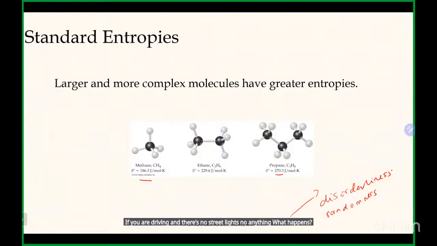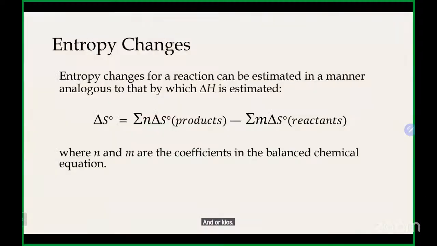Chaos. So entropy measures the tendency towards disorderliness, randomness, and or chaos, because it leads to chaos when you don't have laws. So you can also calculate the change in enthalpy, just like I said, because it's a state function.